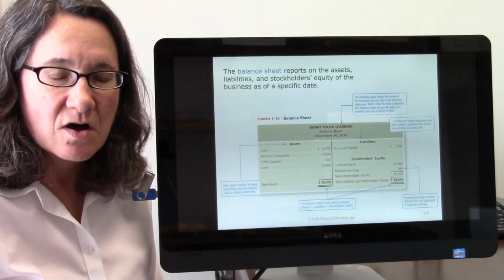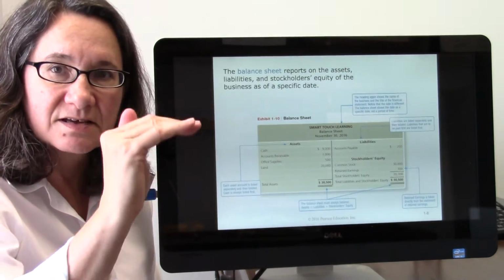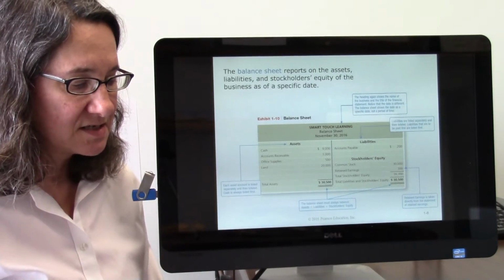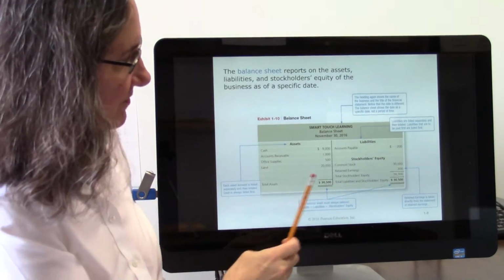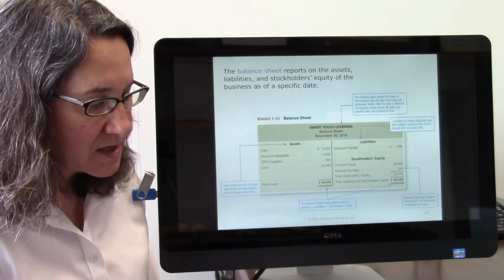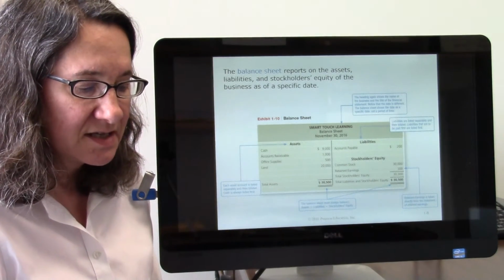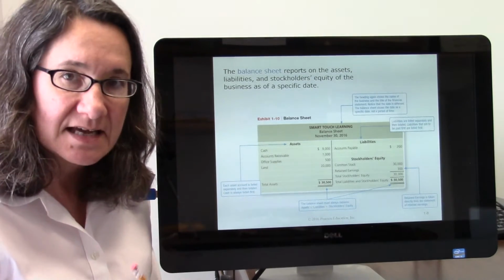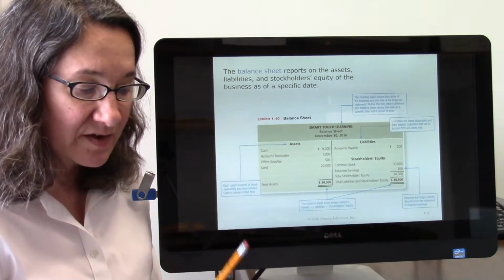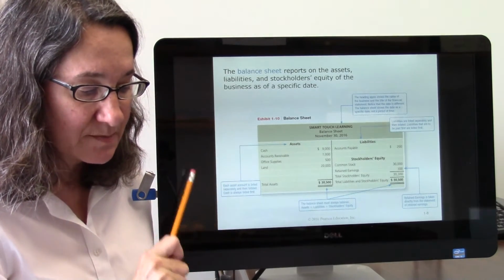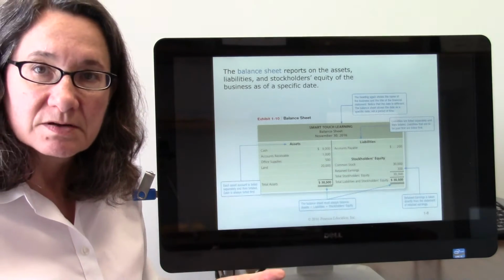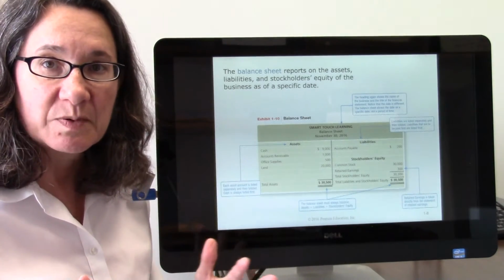Because you may recall that retained earnings affect owner's equity, all right? So the balance sheet is going to sound real familiar. This financial statement, the balance sheet, lists a business entity's assets, liabilities, and stockholders' equity as of a specific date. The balance sheet is a snapshot of the entity. So remember our accounting equation? A equals L plus E?